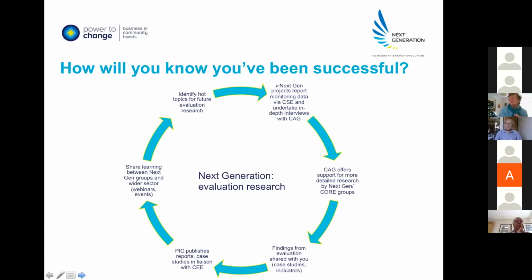I see that Penny has said in the chat that Bright pull together annual data for Orchard Community Energy. So yes, it's much more useful if you get it in annual forms.